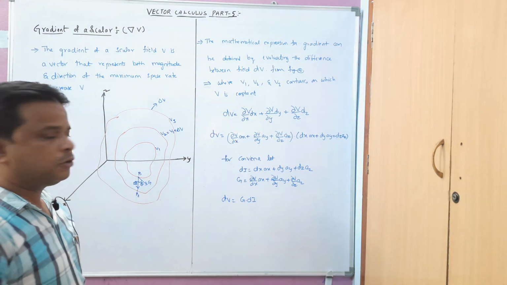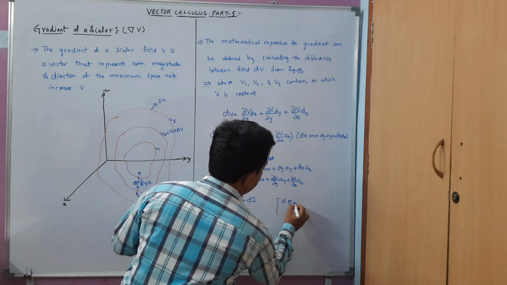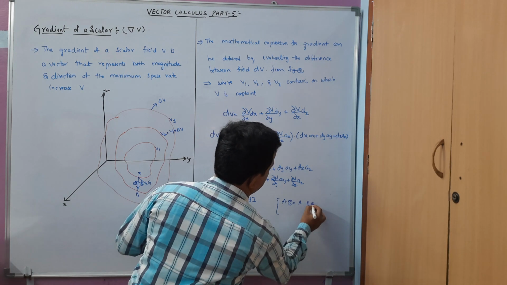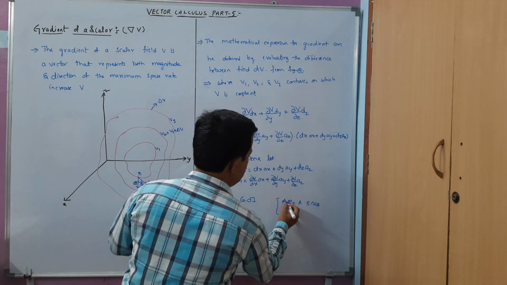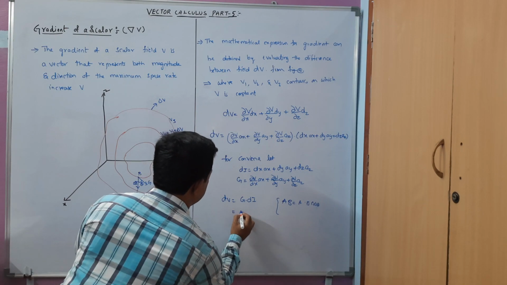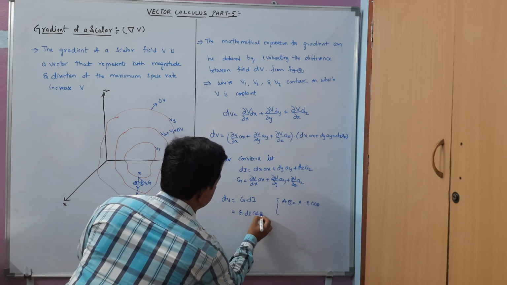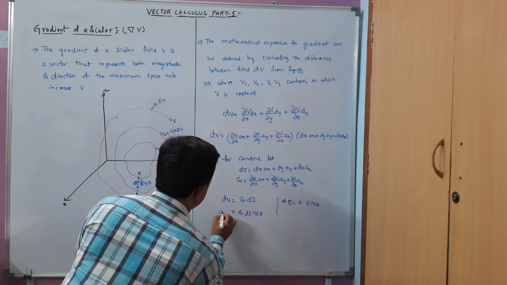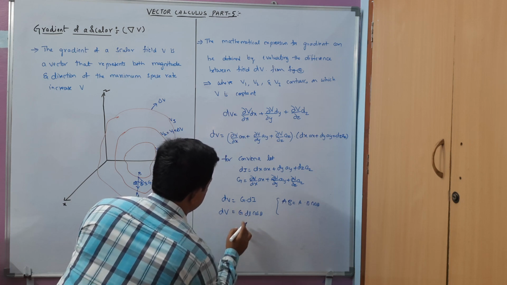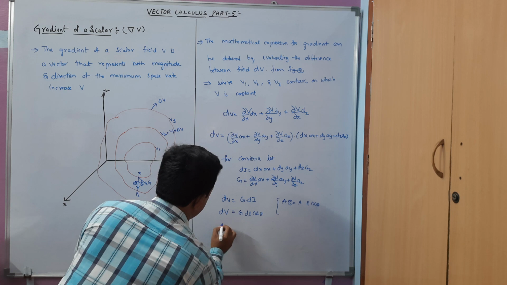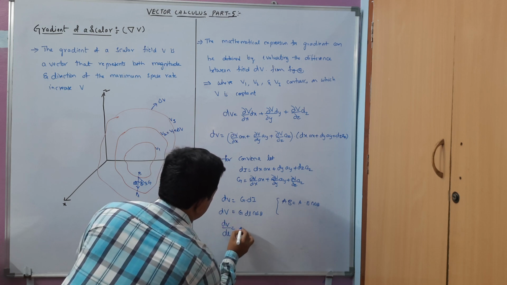The dot product of two vectors is given by, we know the basics, A dot B is given by mod A mod B cos theta. Similarly I can write here G dl cos theta, like this, okay, dV. So now I can write dV by dl is equal to G cos theta.